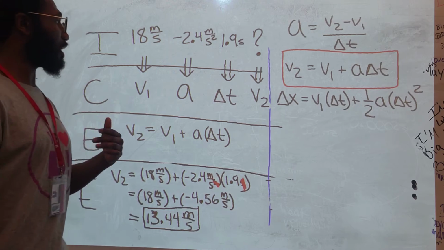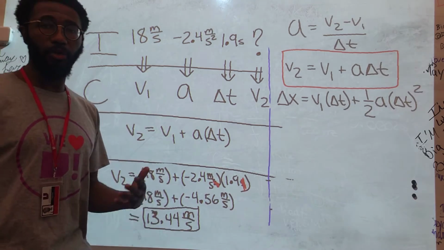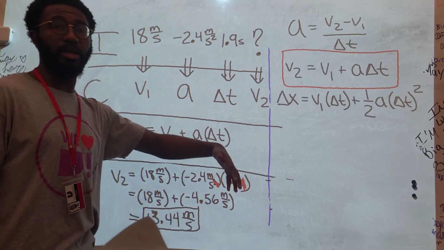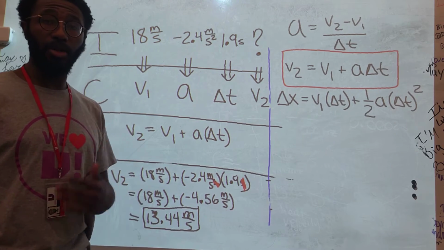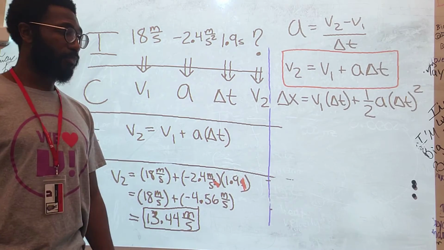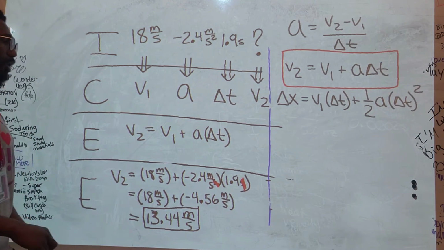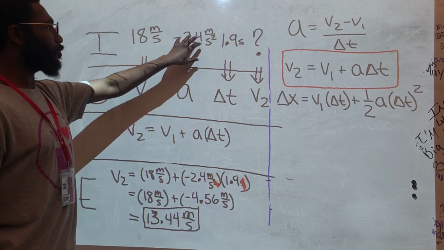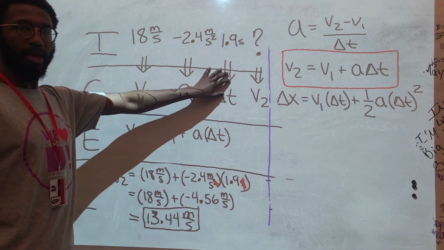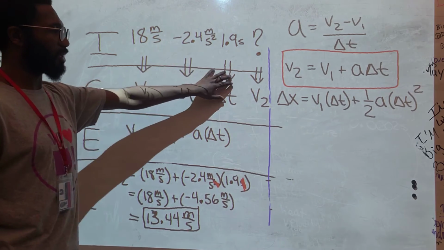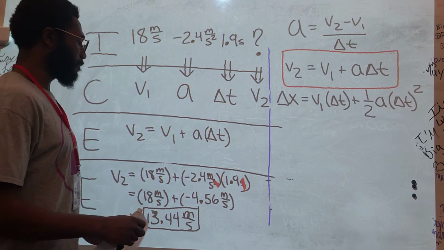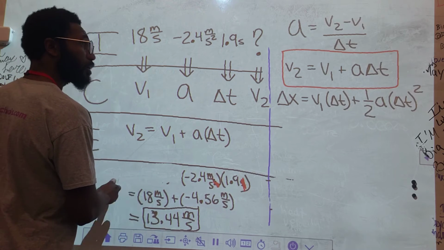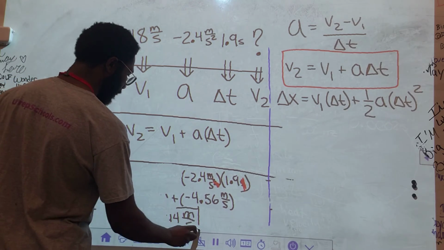And that is just telling us that our object slowed down, which if we look at our acceleration, it was a negative acceleration. So we know that our object was slowing down while it was moving, okay? So don't be afraid of getting negative numbers. Just make sure that you've ordered things correctly and labeled them as the correct symbols, okay? So I'm going to go ahead and erase this and we'll do our last acceleration problem.